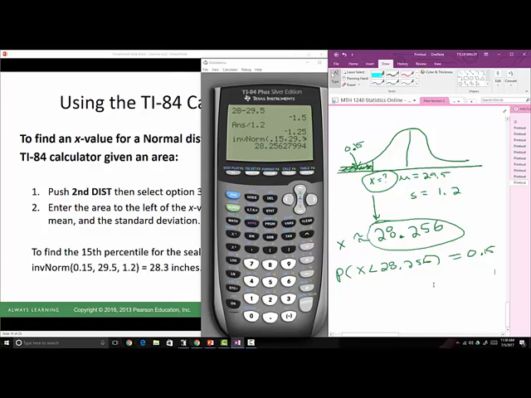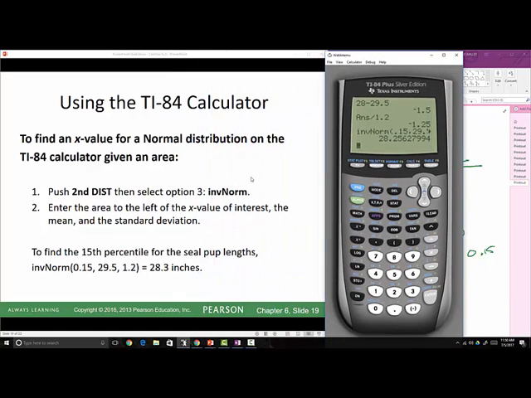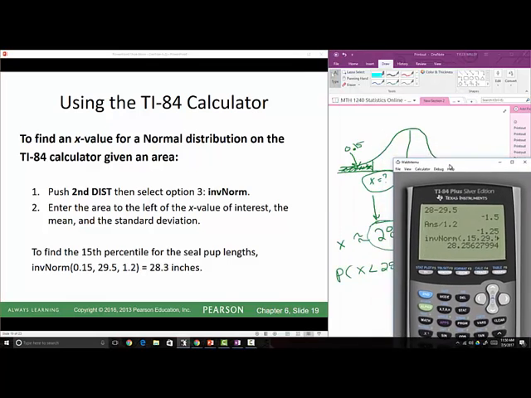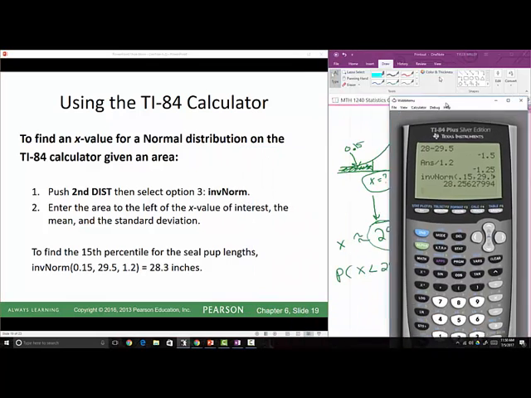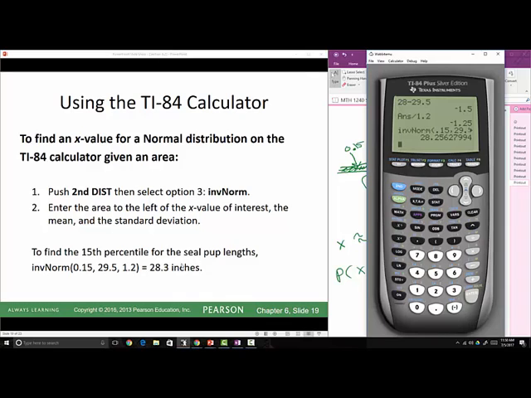So 15% of the pups are less than 28.256 inches. On my PowerPoint slide, I rounded to the nearest tenth, so that's how I got 28.3.